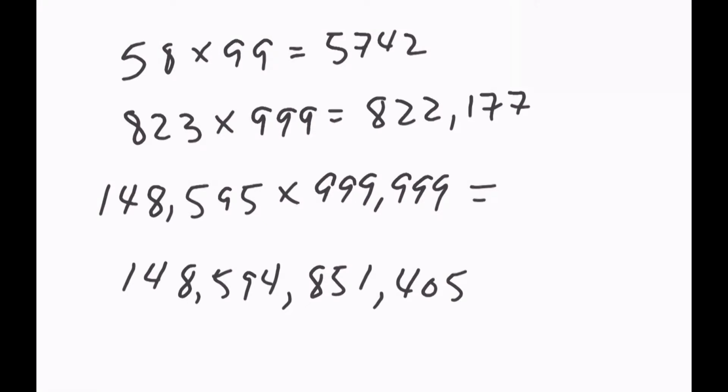Actually, it's very simple to do this type of multiplication once you know the trick. So let's take a look at the trick. It's a very easy trick. If you can subtract, you can do this trick.